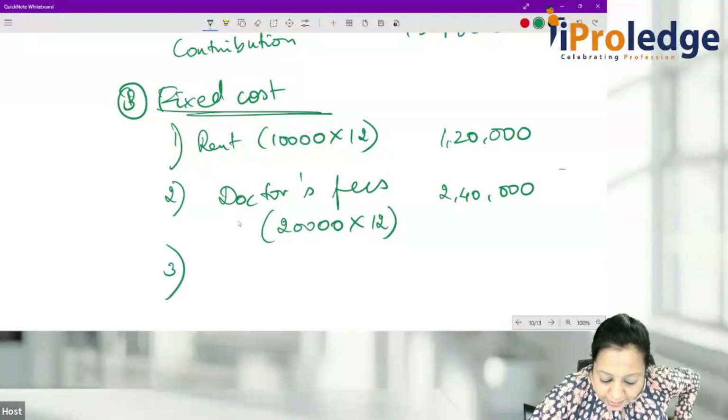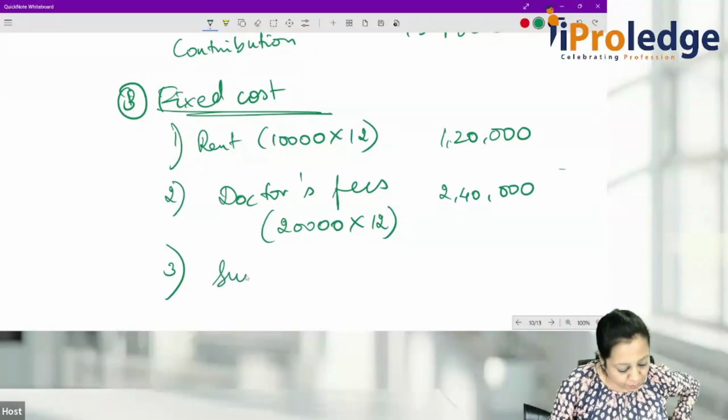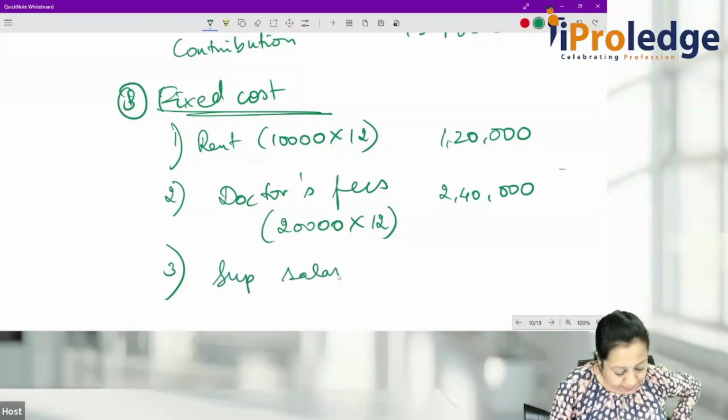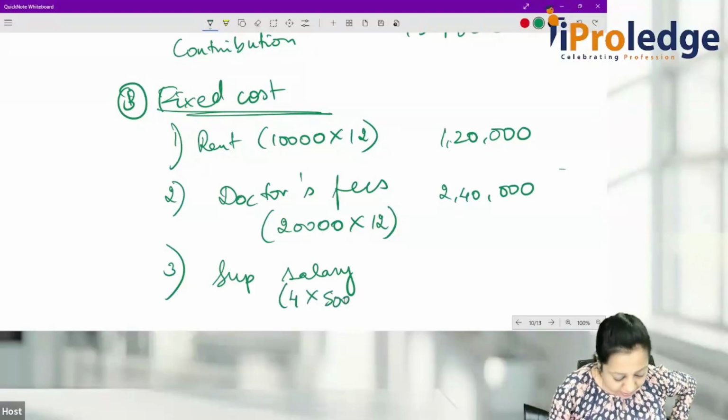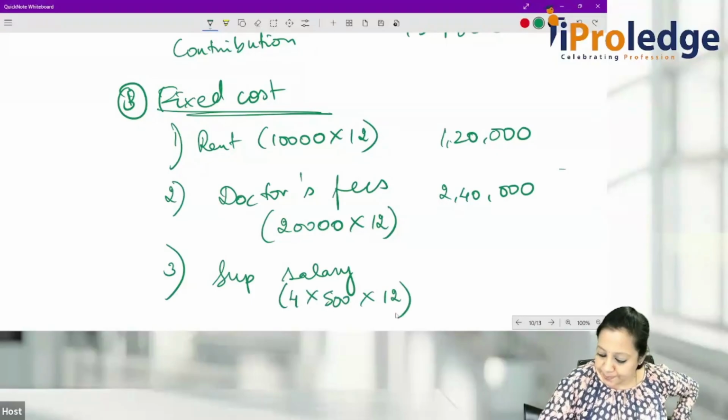Next up, we'll start with the table. Supervisor's salary. It is going to be 4 supervisors into 500 into 12.